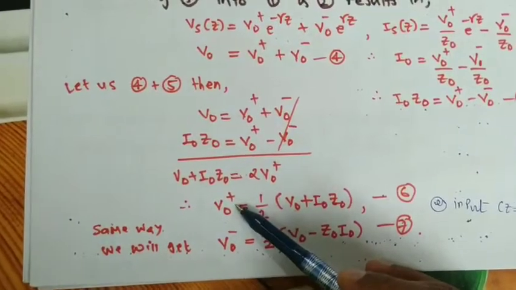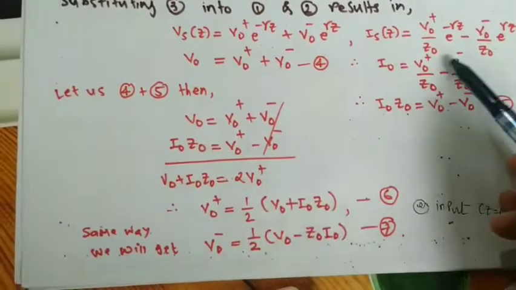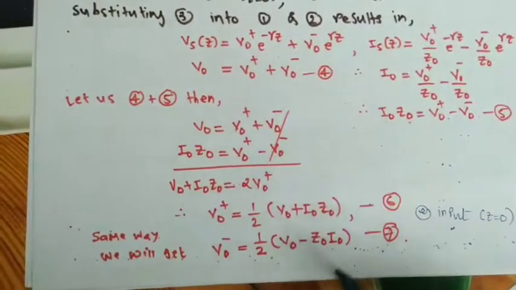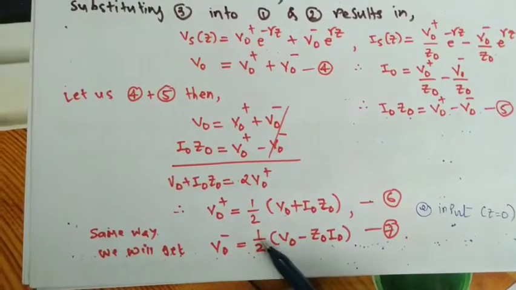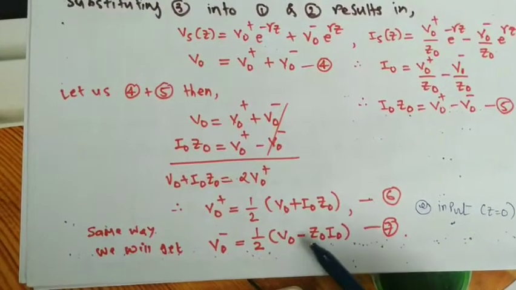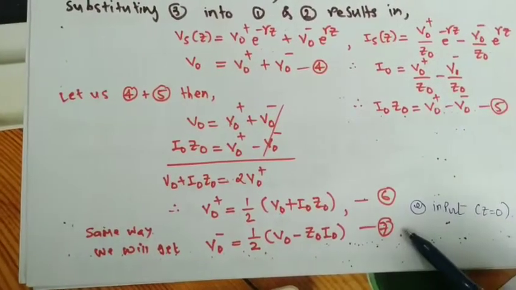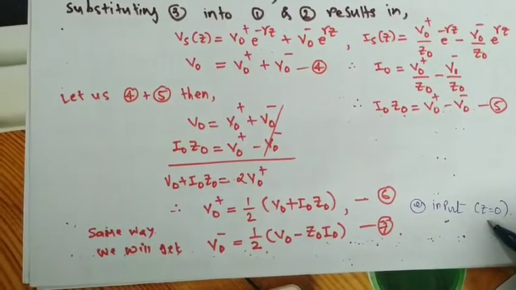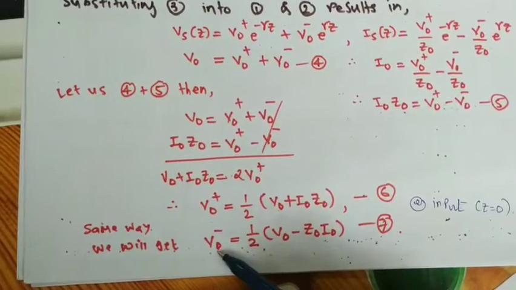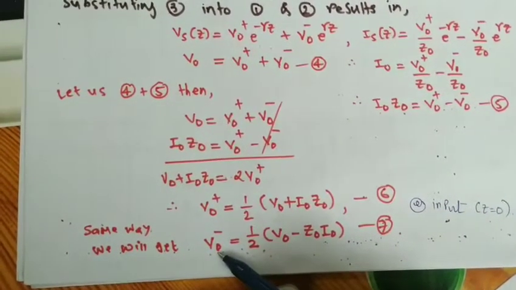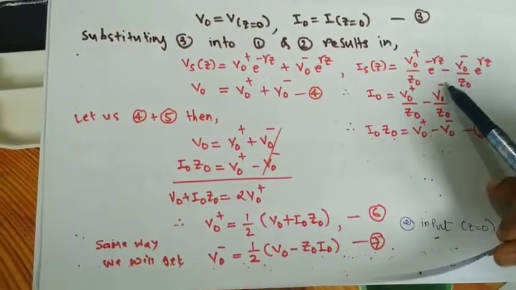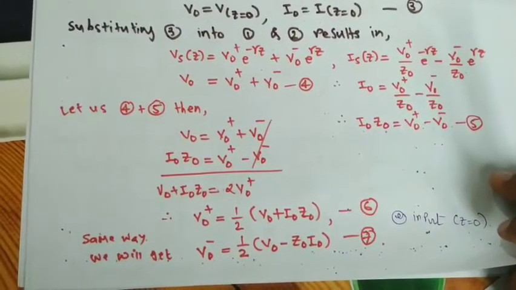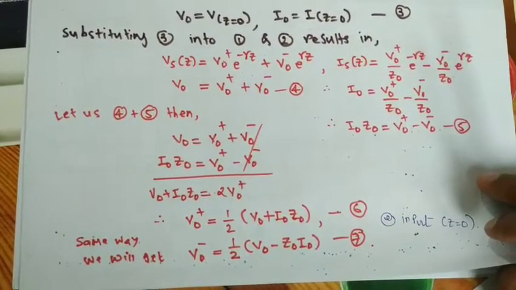Same way, if we calculate V0 minus, we obtain V0 minus equal to 1 by 2 (V0 minus I0 Z0). So at the generator side we now have two expressions, V0 plus and V0 minus, and our objective here is to obtain the input impedance at the generator side, as well as at the load side, and at any point of the line.